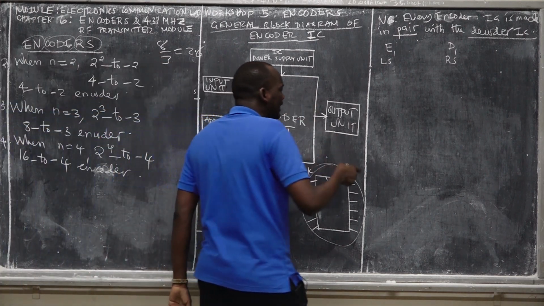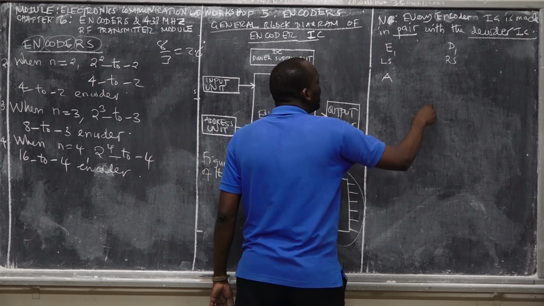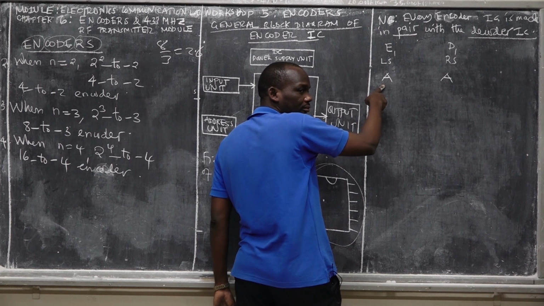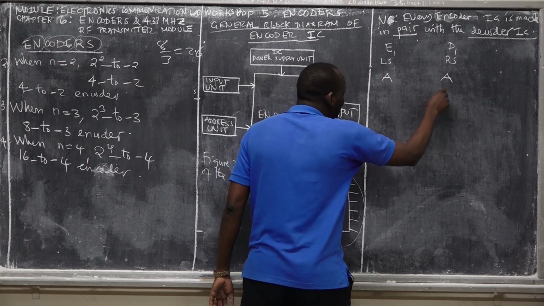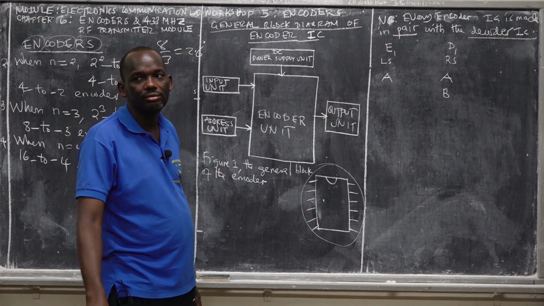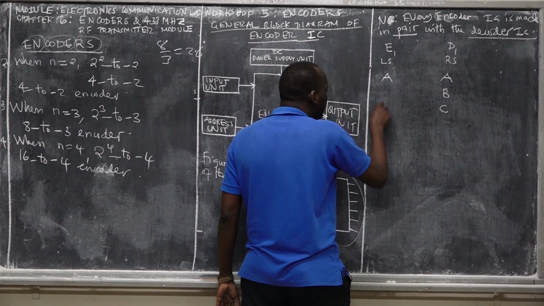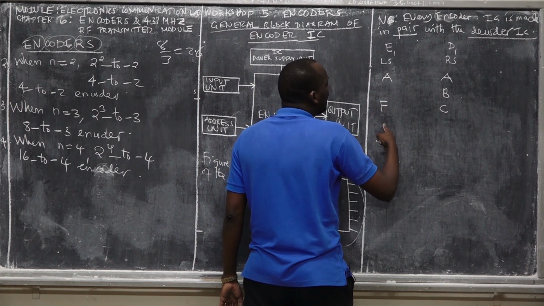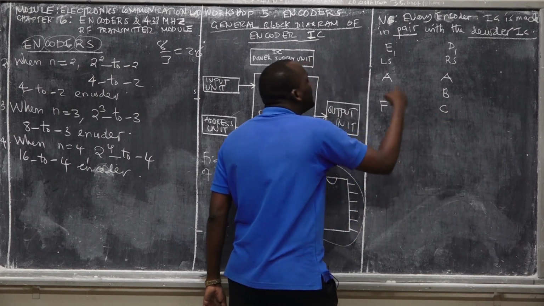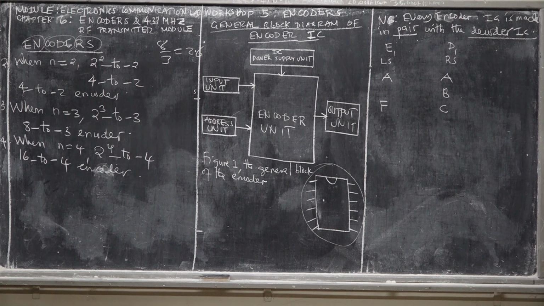So listen now, if you have an encoder A, you expect a decoder A that will decode the information from encoder A. The information of encoder A cannot be decoded by decoder B. Also, if you have decoder C, and on this side we have encoder F, encoder F can encode information, but decoder C cannot decode information encoded by encoder F. That's what I was teaching.